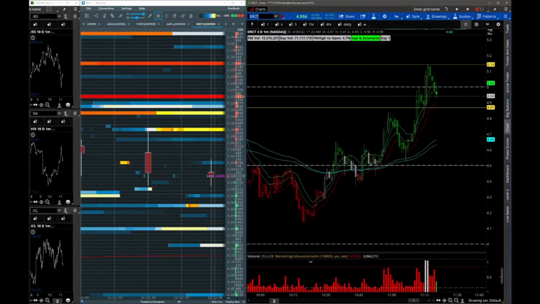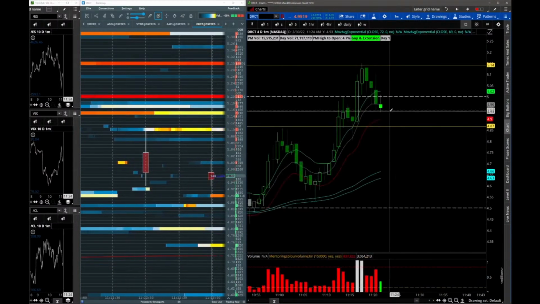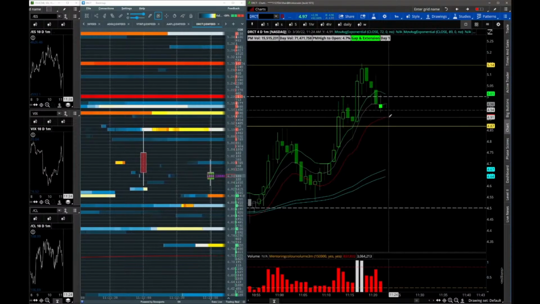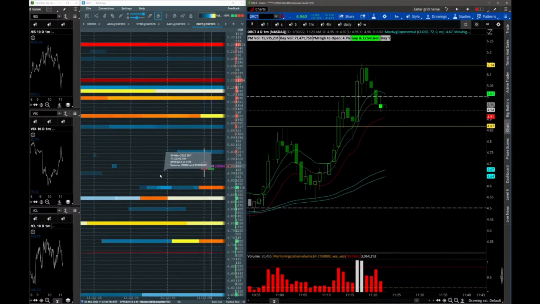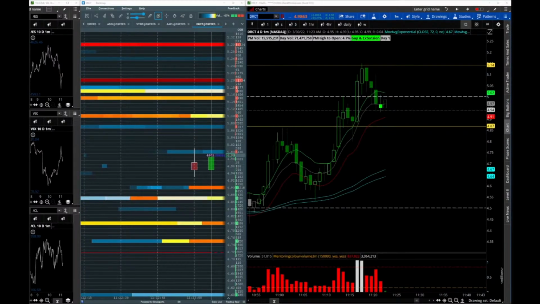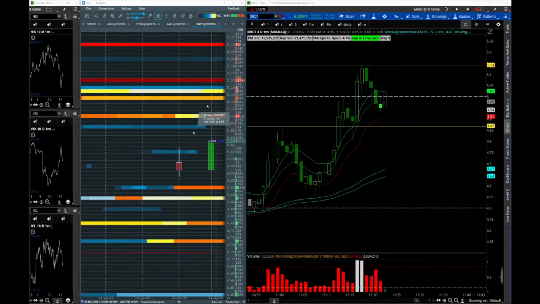Volume is there. Volume is there. They're still continuing to hold this. I just went a little bit lower to buy. Hopefully it won't push now to new highs.